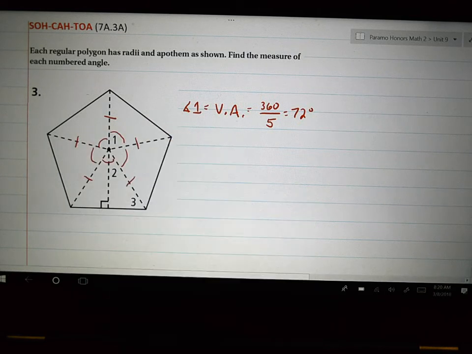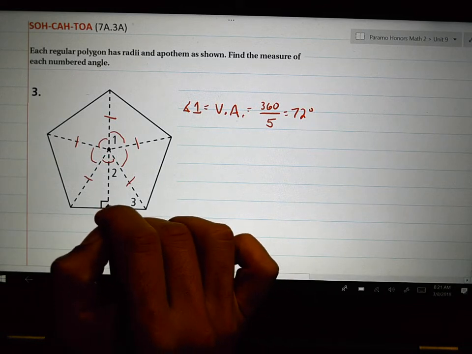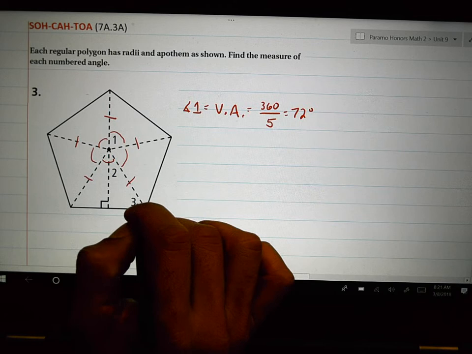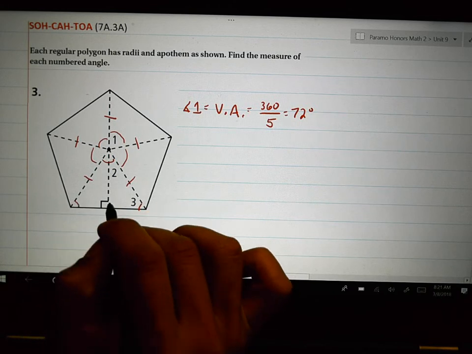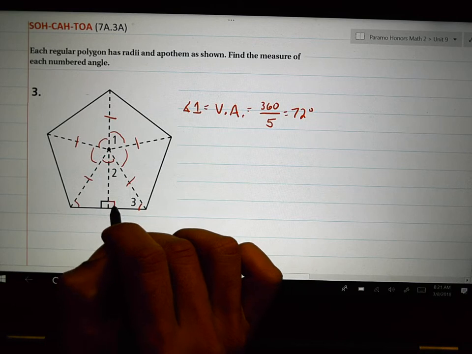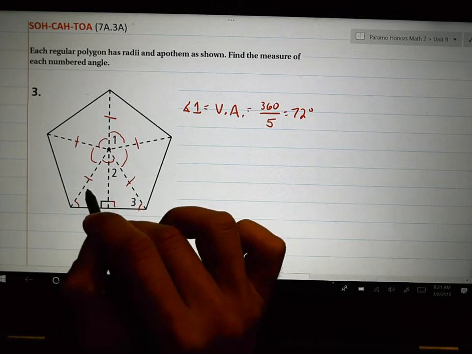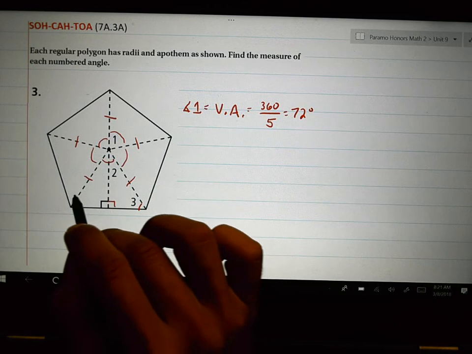Now angle 2 is not 72 degrees. Angle 2 is formed by the apothem and the radius. Remember how this is an isosceles triangle and this angle is the same as this angle? By angle, angle, side, I know that these two triangles right here are congruent to each other.